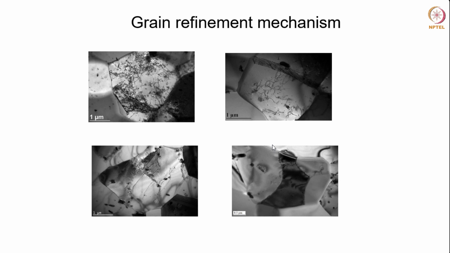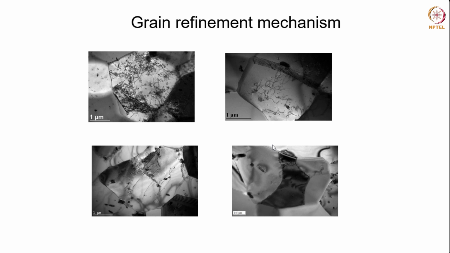Because when you subject the material to severe plastic deformation, you also generate a lot of dislocations, right? So dislocations in such a high number will definitely play a role in the process of grain refinement in this particular case.